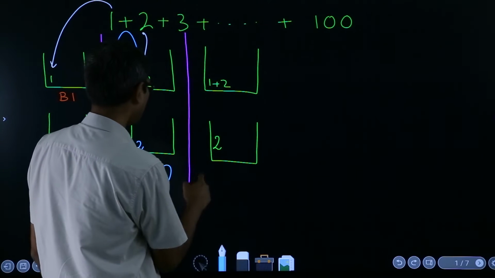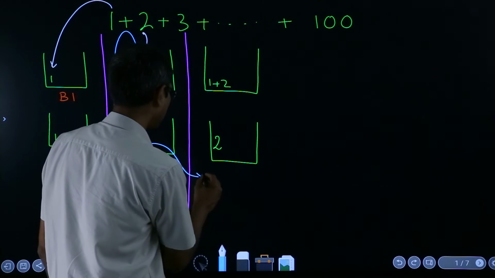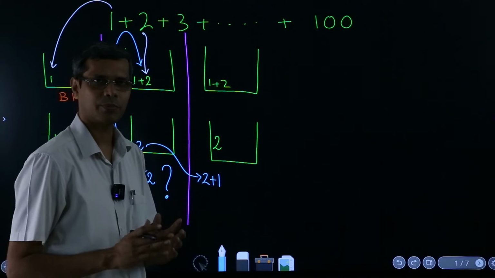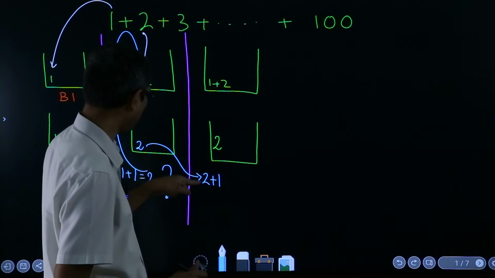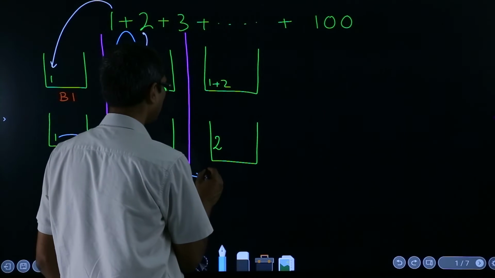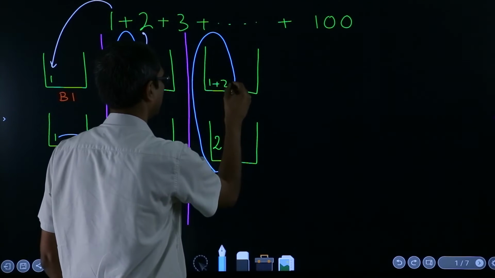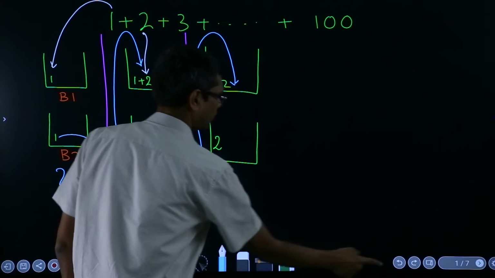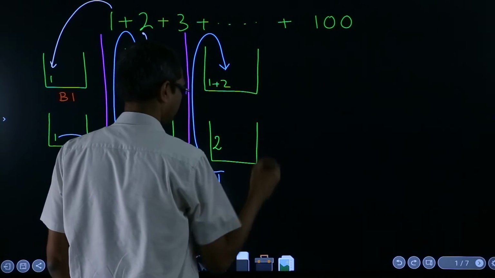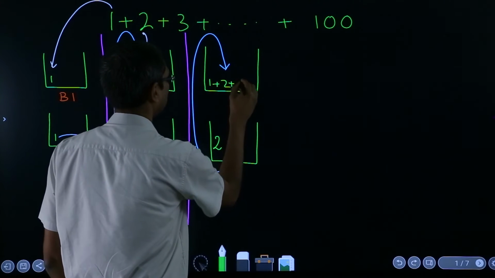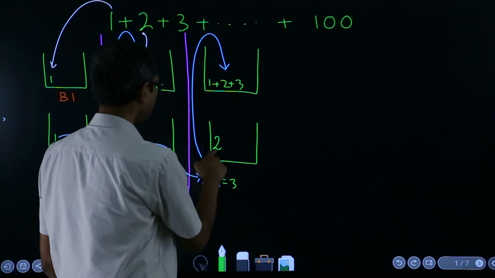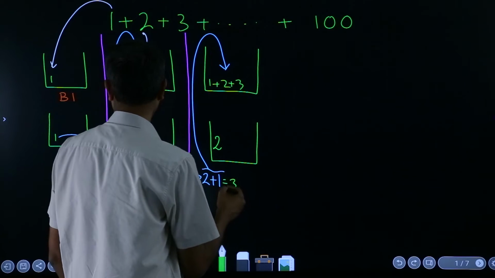So what I'll do again is take this 2 and add 1 to that, because this is the repetitive step which I have chosen: every time I bring up this step, I'll add 1, and this number I will put in there. So 2 plus 1 is 3, and here instead of 2 it will become 3.